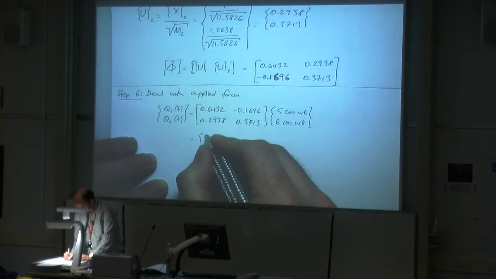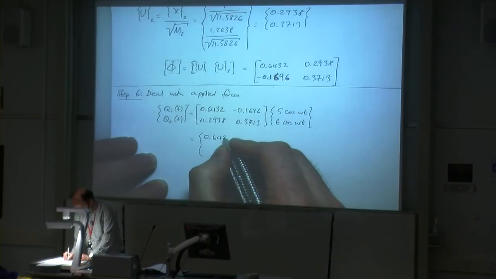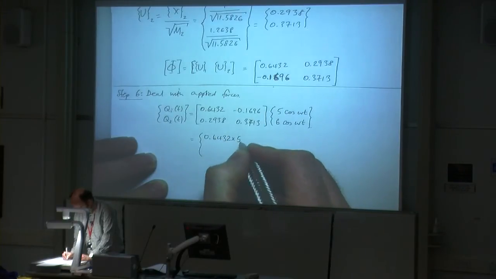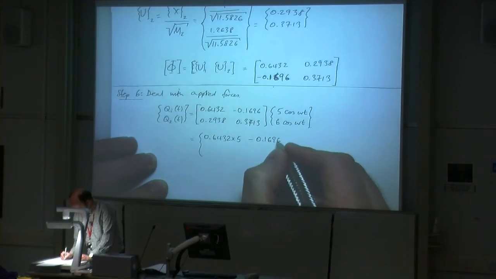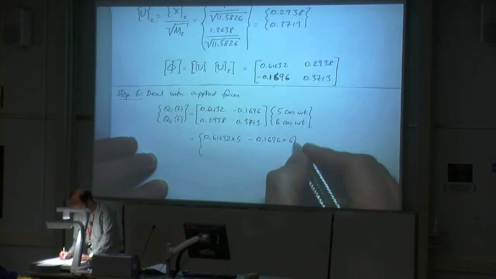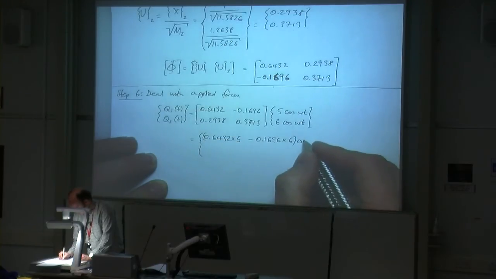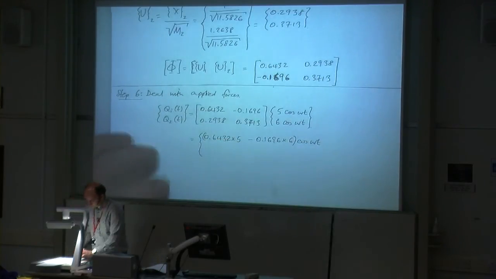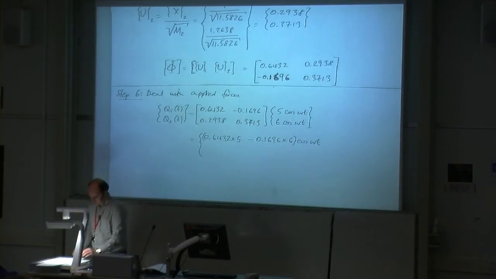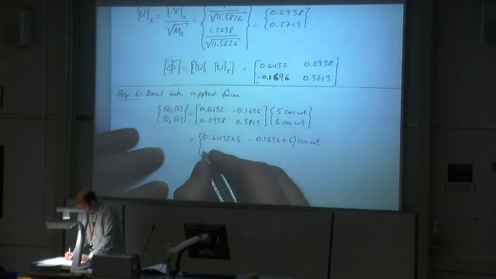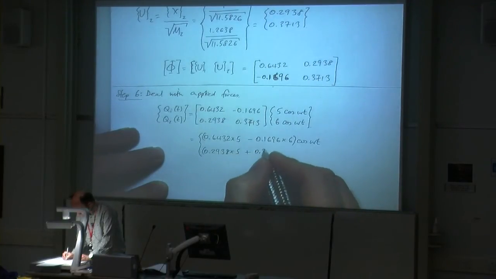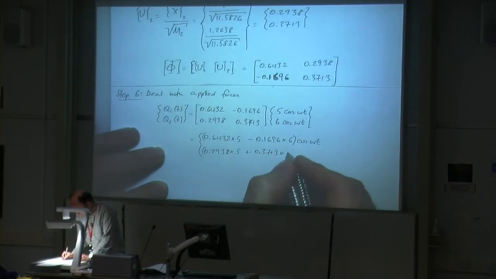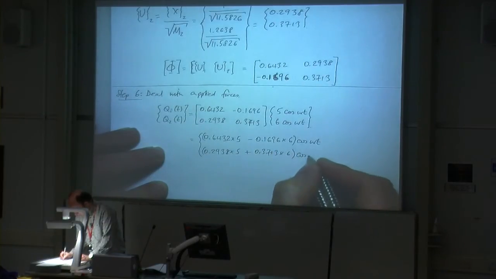And we've got 0.6432 times 5 minus 0.1696 times 6, and that's all multiplied by cosine omega t. And at the bottom we've got 0.2938 times 5 plus 0.3713 times 6 cosine omega t.